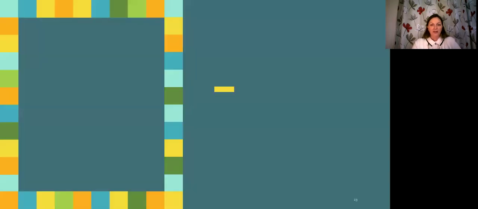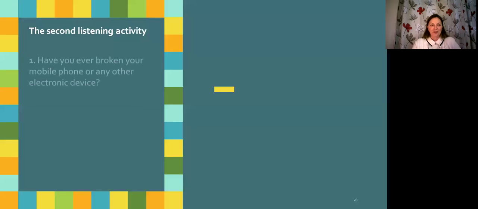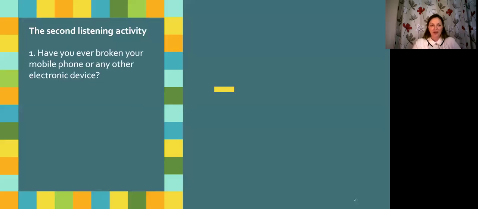Now I would like you to experience the second listening activity. First of all, I'm going to ask you if you have ever broken your mobile phone or any other electronic device. Think about that. Was it ever broken? Do you know the model of your mobile phone or your laptop?